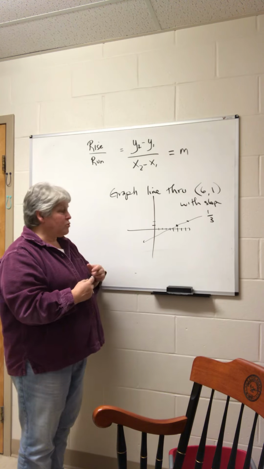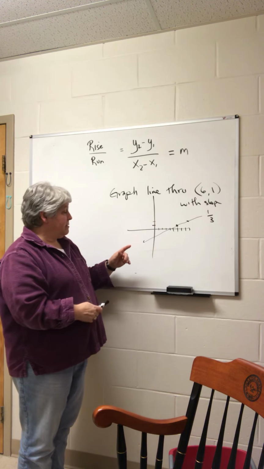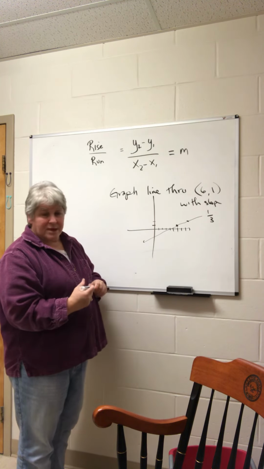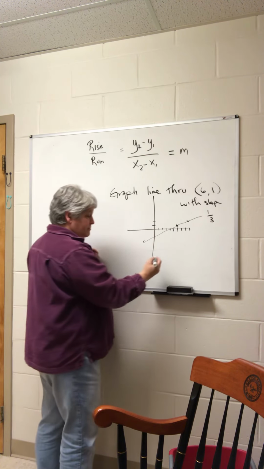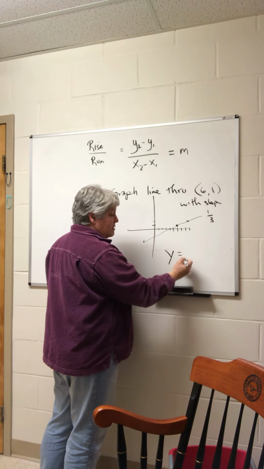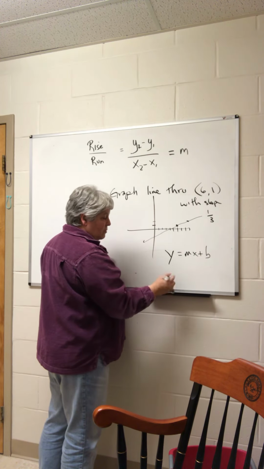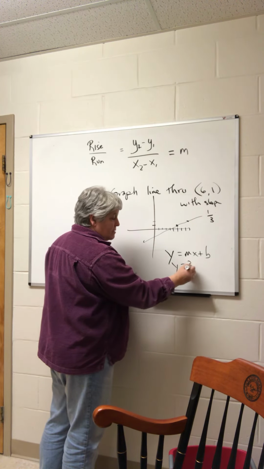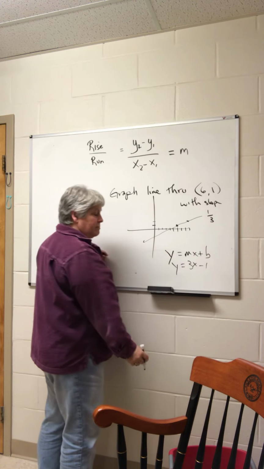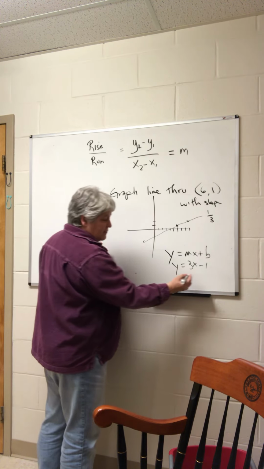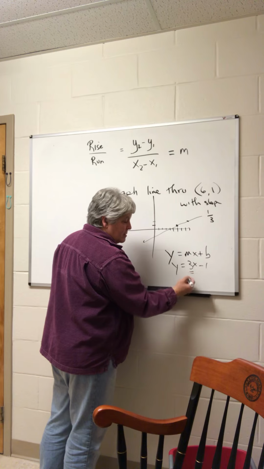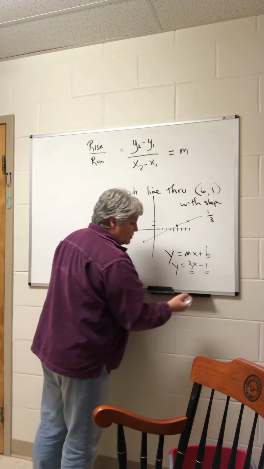I should mention most of you are used to graphing from y equals mx plus b. If you were given an equation in this form, like y equals 3x minus 1, just identify the slope and the y-intercept.